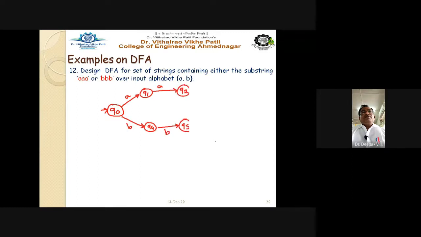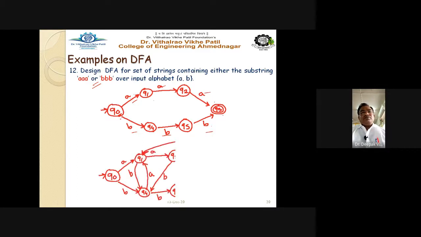So again, a simple one: design a DFA for a set of strings containing either the substring triple A or triple B. You know that if it is an OR, there must be branches starting from Q0. Q0 on B, Q4, Q4 on B, Q5, B goes to Q3, and for triple A, Q1, Q2 and finally Q3, and the remaining transitions are drawn.